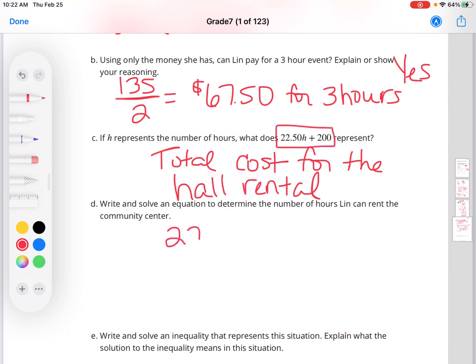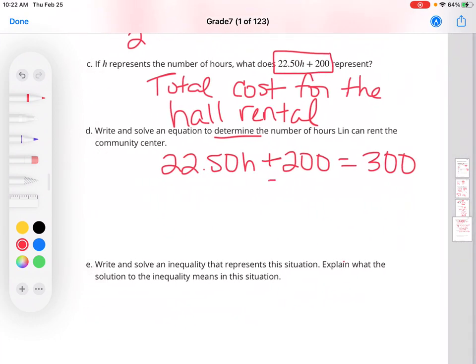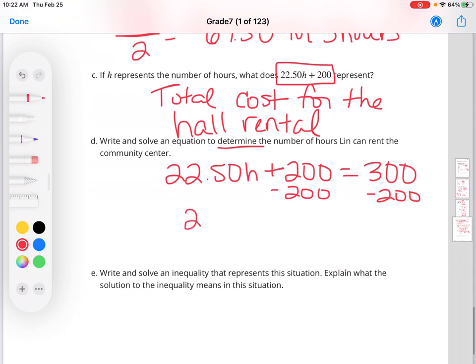So my equation would be $22.50 times the number of hours plus the $200 fee must equal $300. So it also wants us to determine the number of hours, so I just solve it. So minus 200 from each side. So that means the rental for the hours has to equal $100.